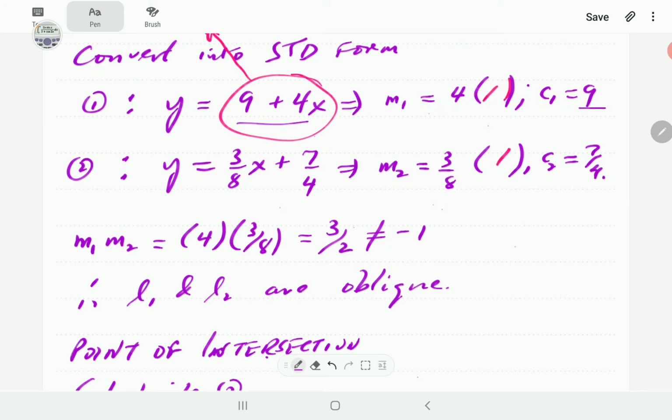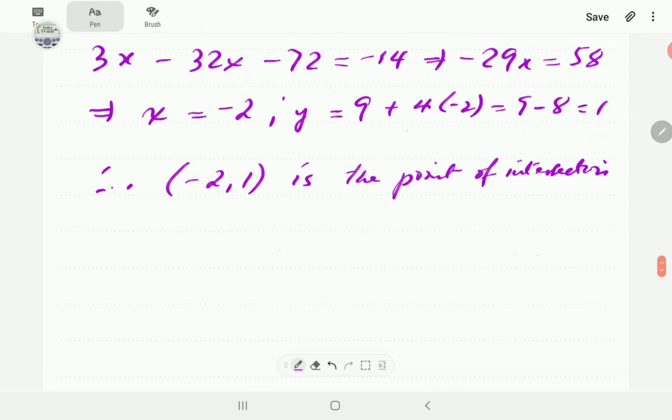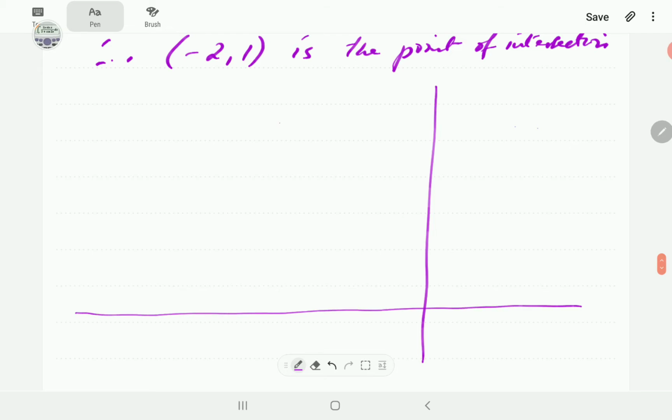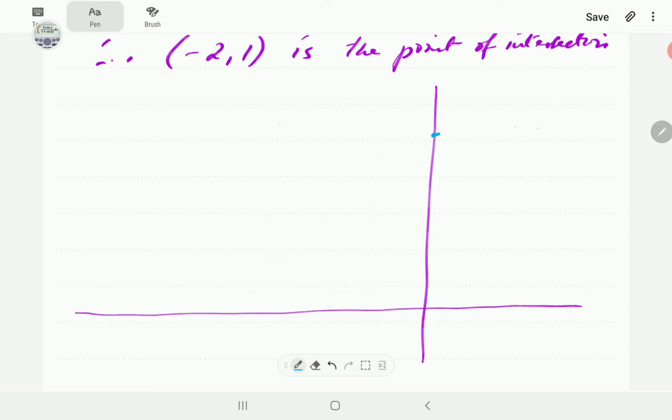C is 9, so what we're going to have is something like this. So C is 9, and this is upsloping. M is 4, so that could be our L1.